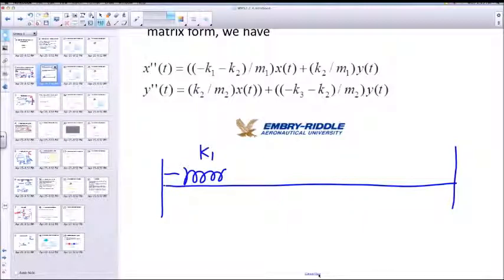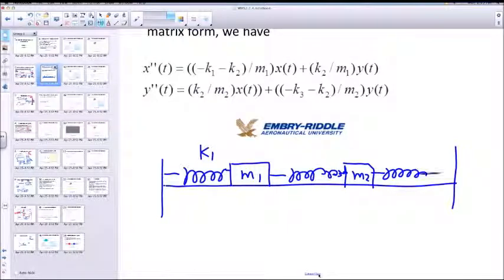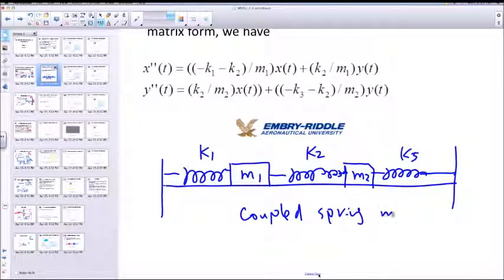I call its stiffness K1. I have one mass here, M1, and another spring in the middle, and the second mass here is hooked to the third spring, which is hooked to that end. And then I have 3 springs and 2 masses. That's called a coupled spring mass system.